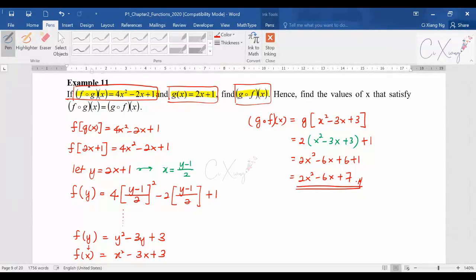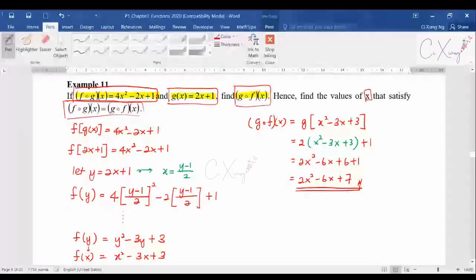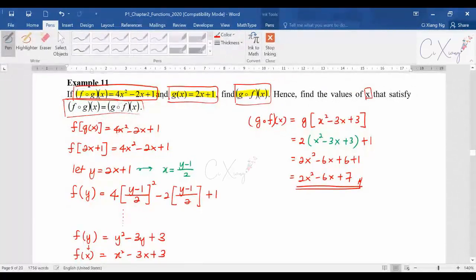After you solve all this, now they want to find the value of x that satisfies this result: f(g(x)) equals g(f(x)). So maybe you can write like this. They give you this equation, f(g(x)) equals g(f(x)).